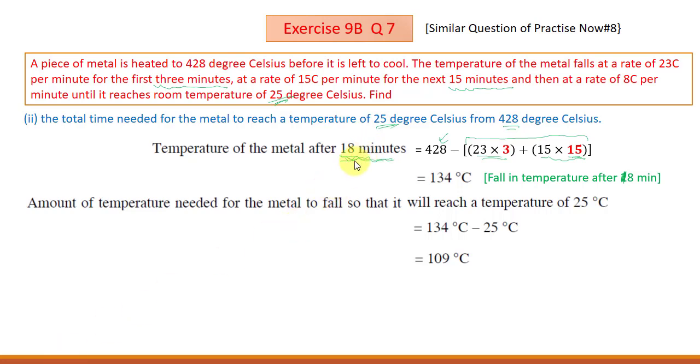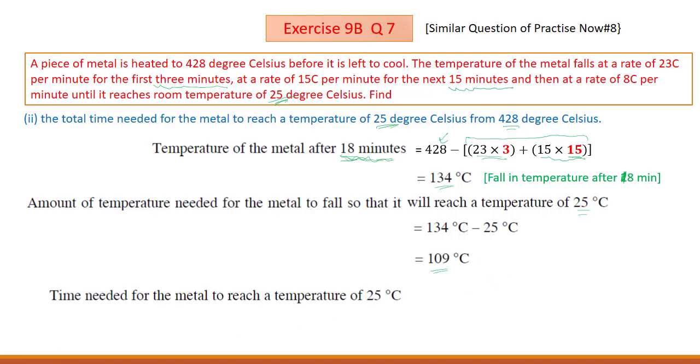So after 18 minutes, when the temperature of the metal was 134, it further needs a 109 degree fall to reach a temperature of 25 degrees centigrade, which is the room temperature.